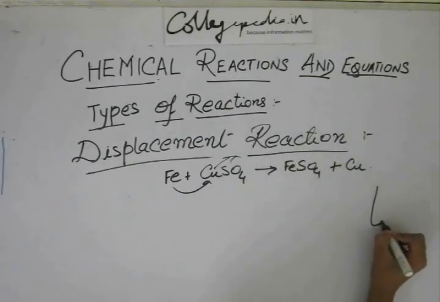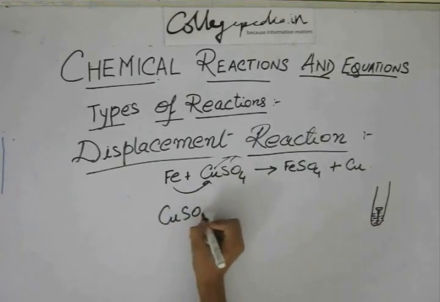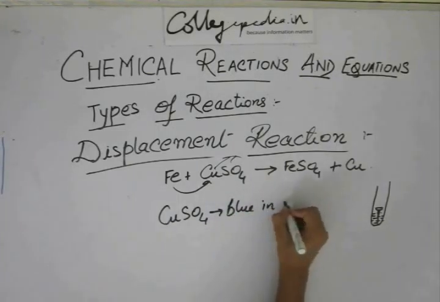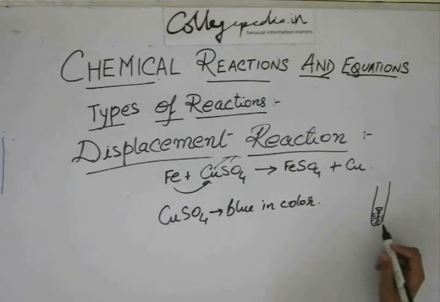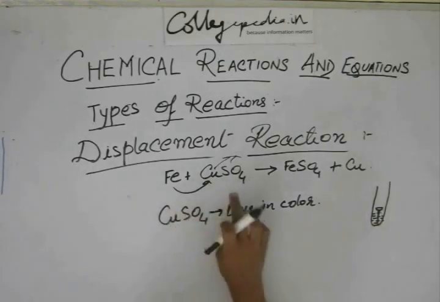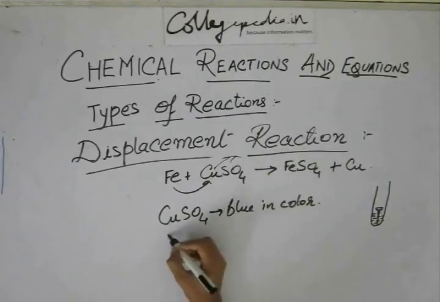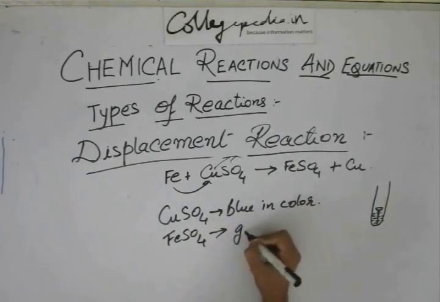You'll see they'll ask you questions like an iron nail was dipped in a copper sulfate solution. Now, a copper sulfate solution is blue in color. Now, when you dip this iron in this copper sulfate solution, this iron starts displacing the copper and it starts forming ferrous sulfate. And ferrous sulfate is green in color.